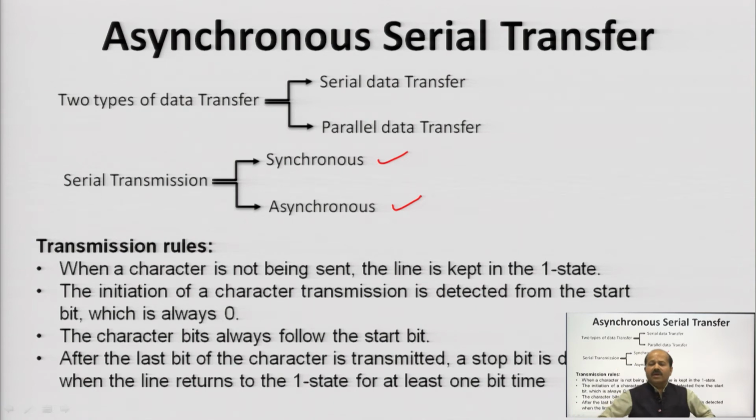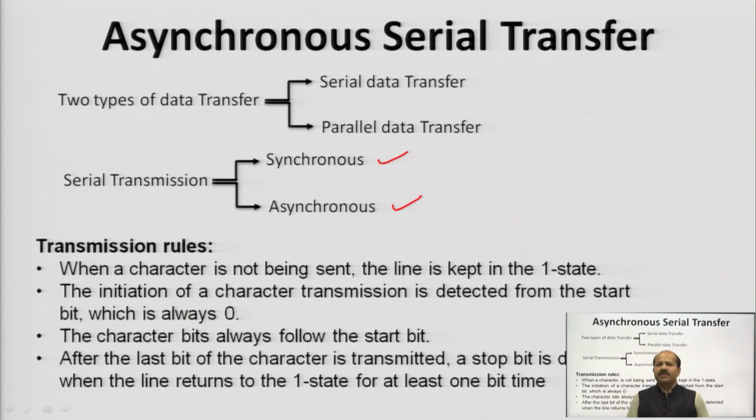So, in this lecture we will talk about asynchronous serial transformation, where both the devices are using their own clock. In case of serial transformation, as we have seen, bits are transmitted serially, one by one, from one device to another device.